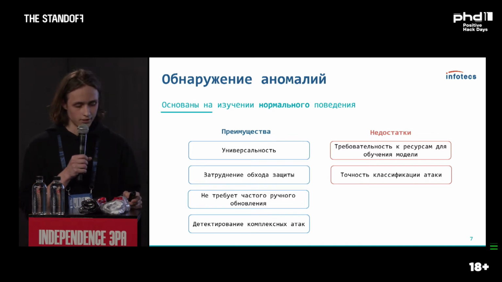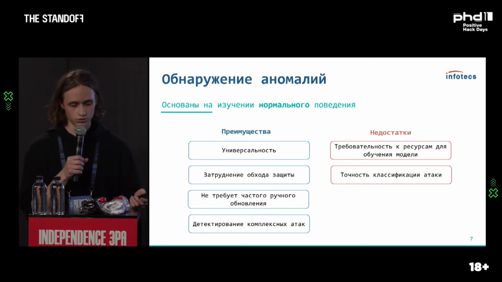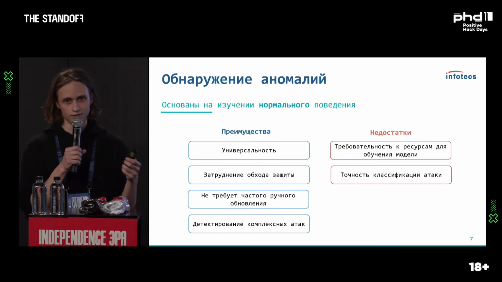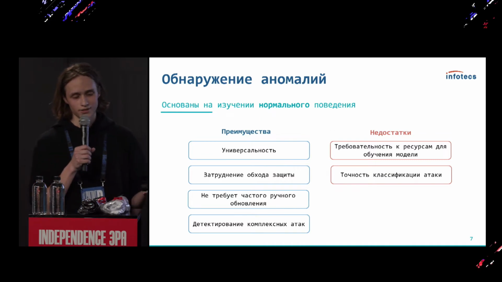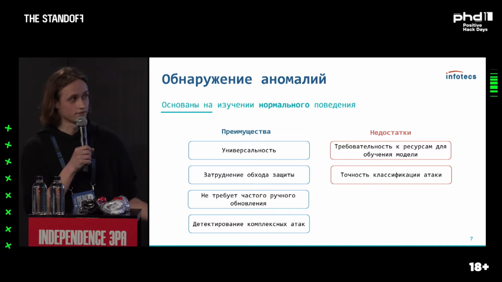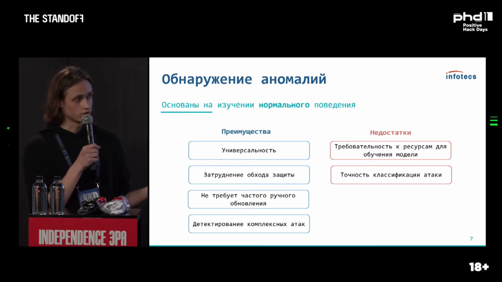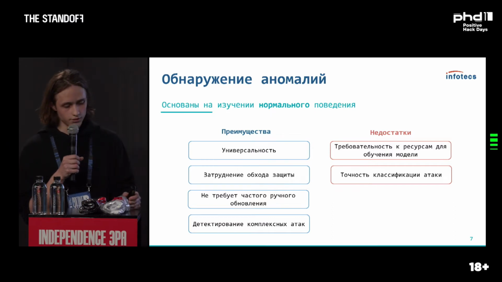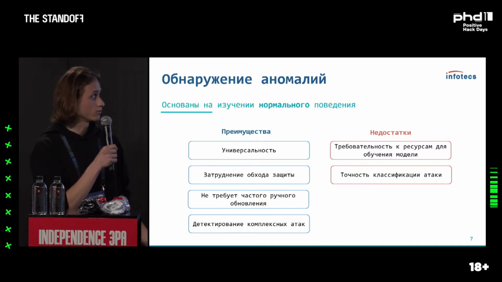Different methods may have different specifics, and such methods, in theory, need to identify zero-day attacks. They do not use the information about the violations. By using such methods, we can bypass the detection of violations.